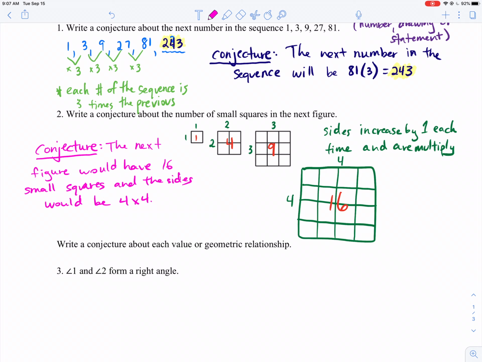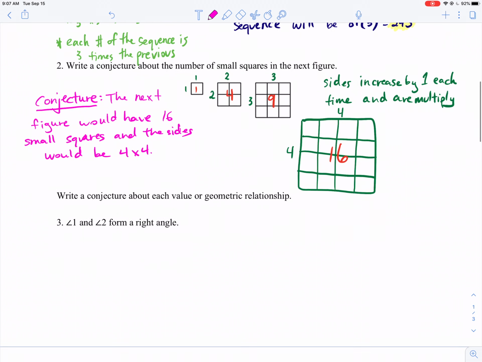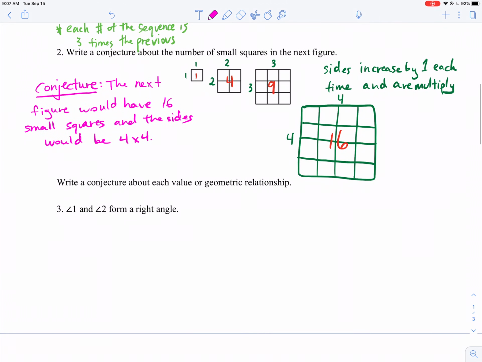Okay, let's go to number 3. All right, number 3, we're going to say, what do we know? What can we assume? Or what can we see from the pattern? Maybe not assume. Assume is not a good word in geometry. So I know that angle 1 and angle 2 together form a right angle.